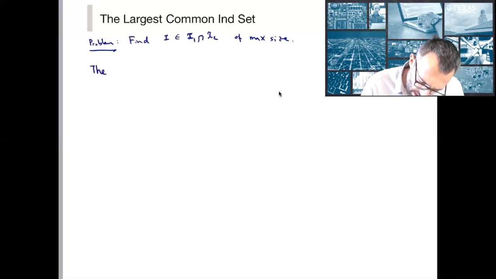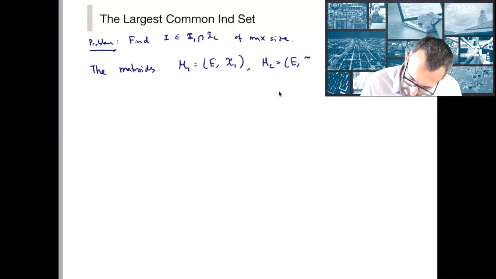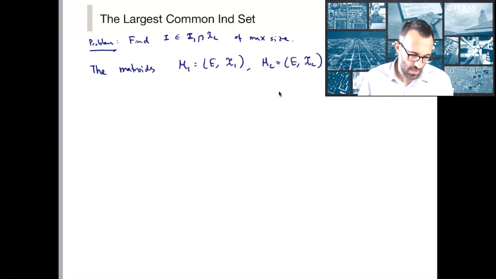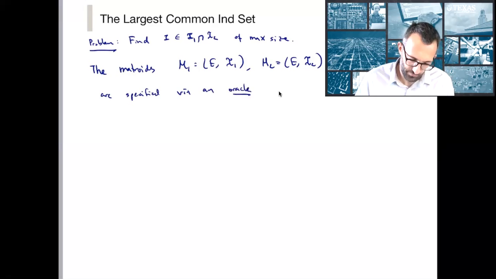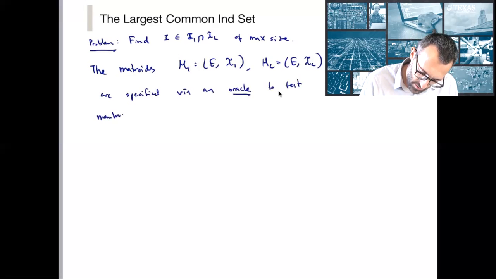So the note I want to make is that the matroids M1 and M2, same ground set, are specified via an oracle to test membership in each of I1 and I2 respectively.